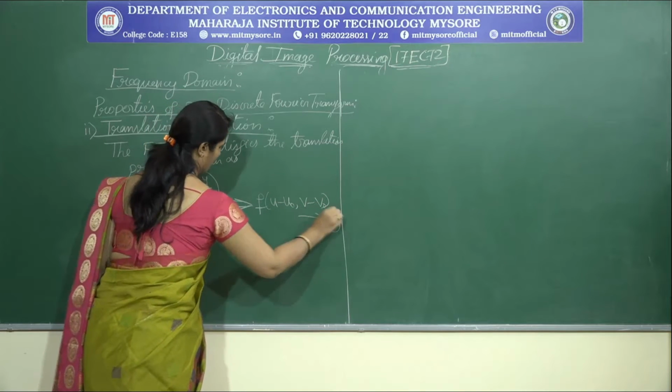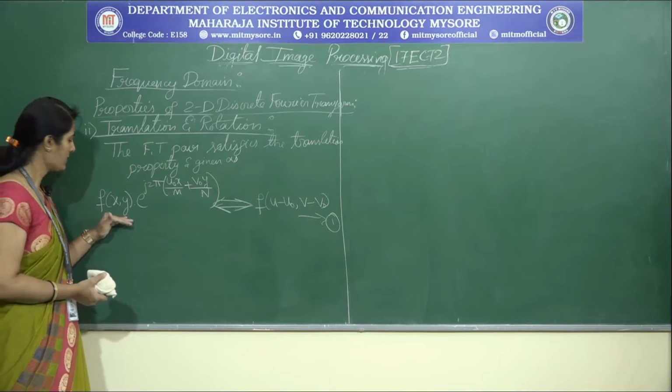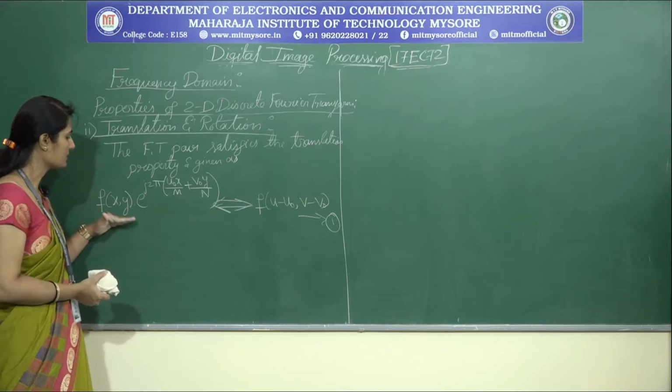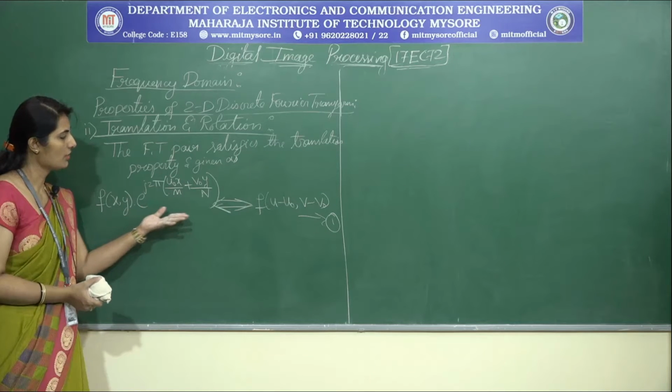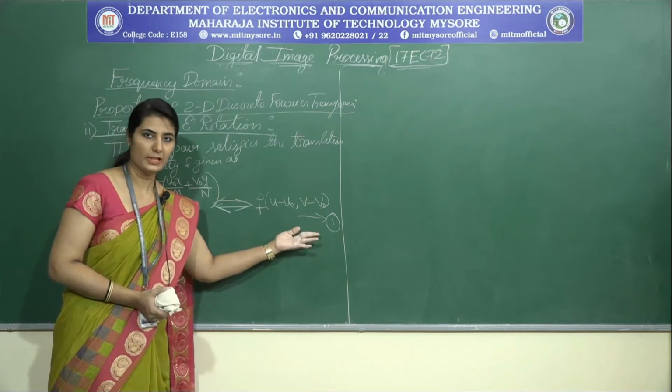This I call equation number 1. So multiplying an image f of x comma y with an exponential as shown shifts the signal by u naught and v naught.